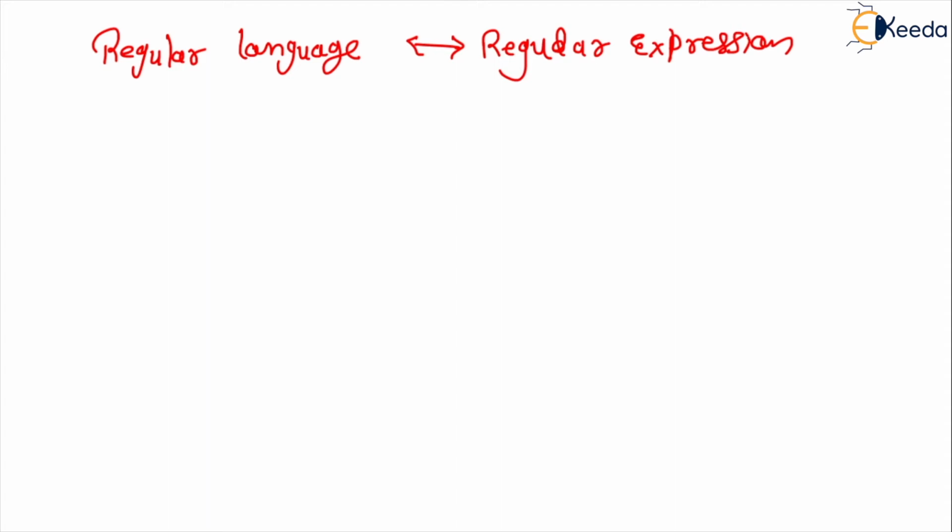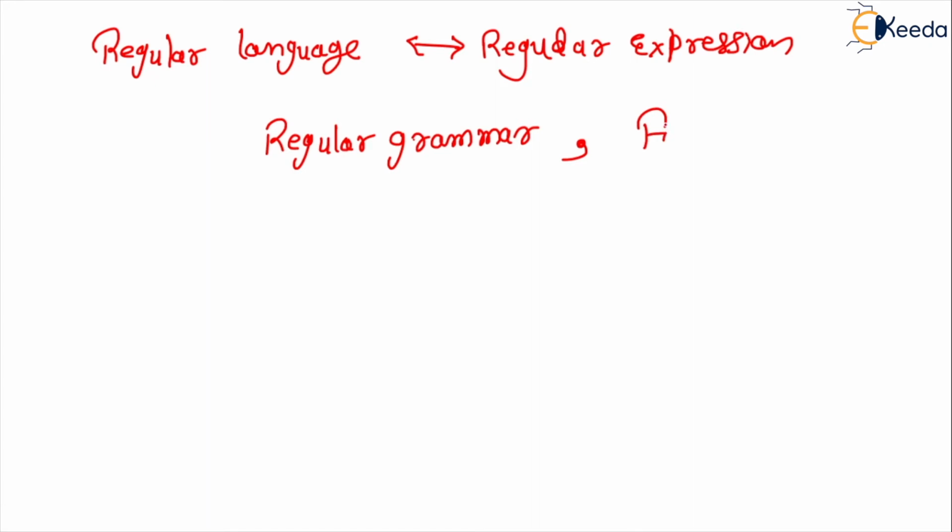If all types of conversion are possible, then one more term is regular grammar, and one more term is finite automata.